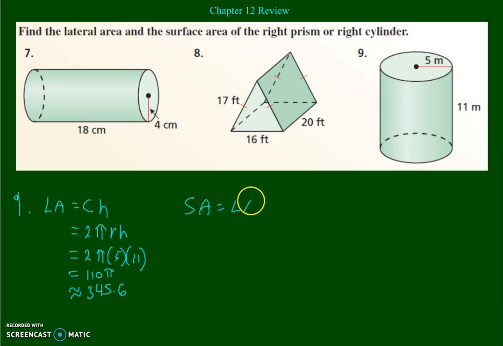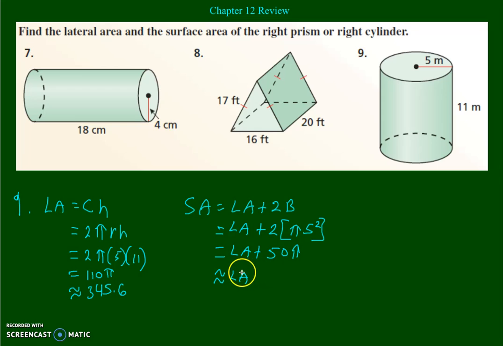And now surface area is simply lateral area plus 2 bases, so it's 2 times area of the base. Area of the base is the area of a circle, so this is lateral area, and we're going to use the lateral area that we stored here in this calculation, plus 2 times pi r squared, the radius is 5, and that gives us lateral area plus 50 pi.